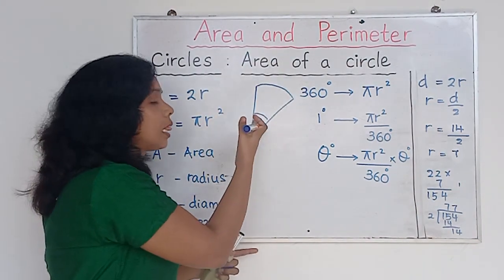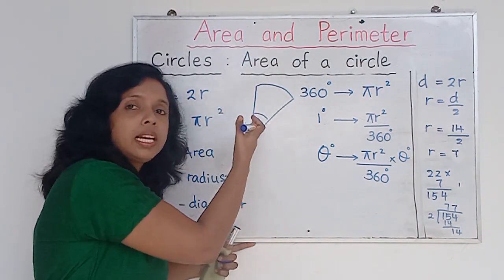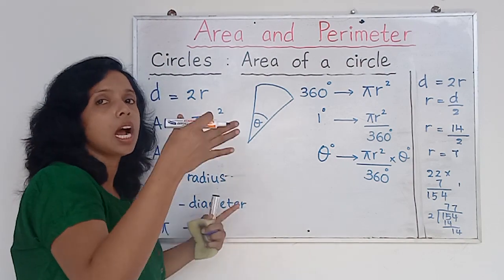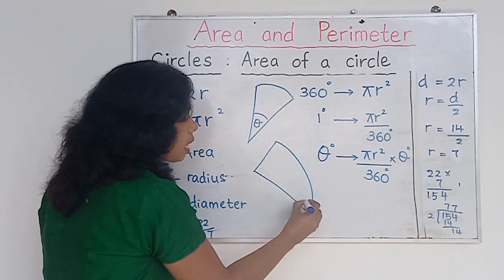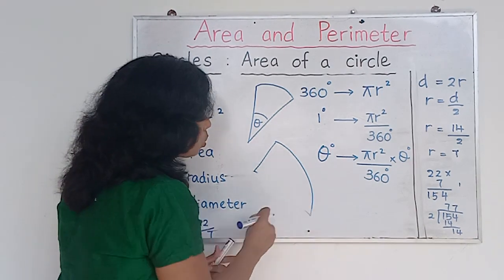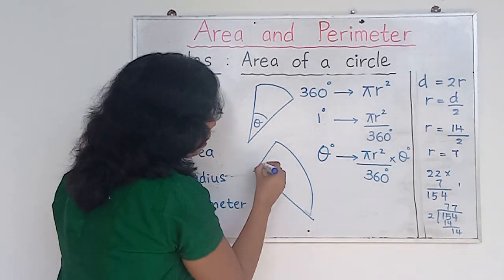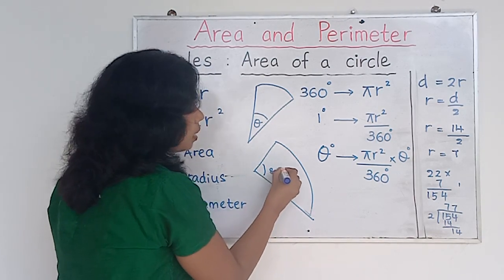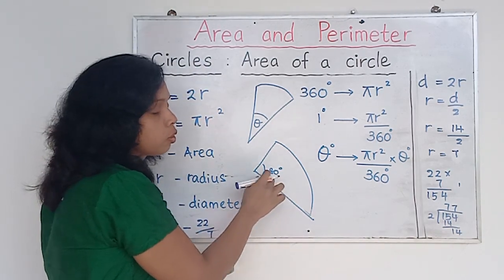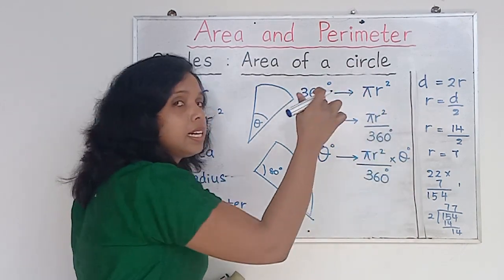It can be 30 degrees, 45 degrees, 36 degrees, 120 degrees, depending on the type of land. Let's say 90 degrees.